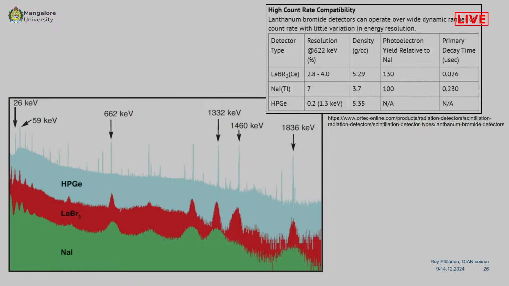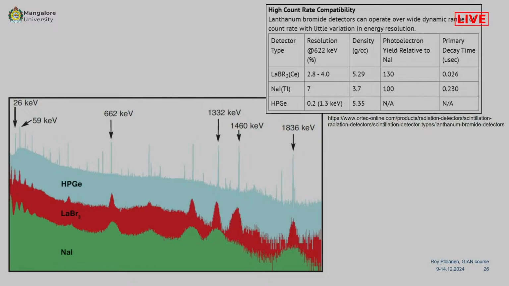Now you can see the energy resolution. Energy goes on this axis, number of counts on this axis. As you can see, in the case of the lanthanum bromide detector, the resolution is quite good compared to this sodium iodide.